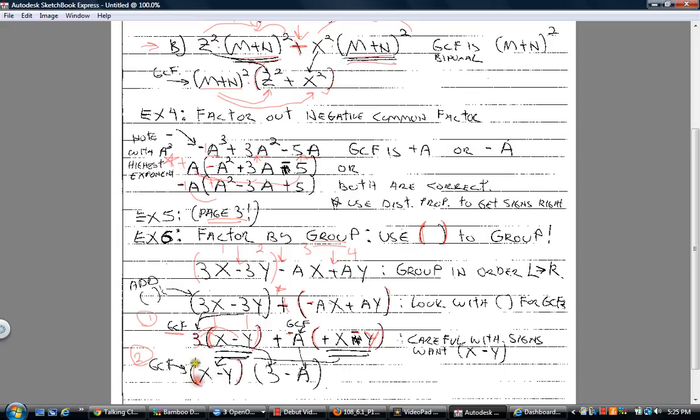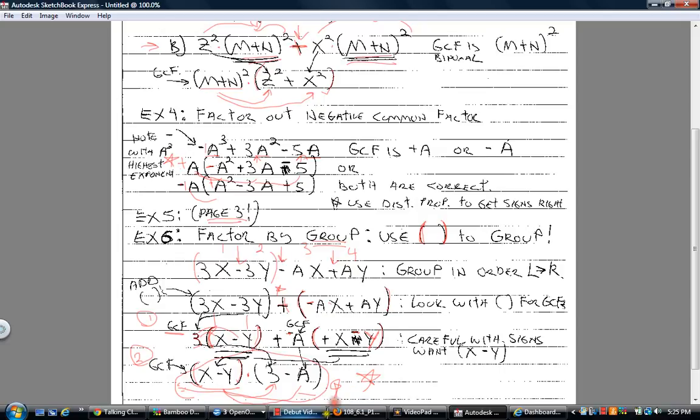That's your new second GCF, and you're left with what produces the polynomial up here. You multiply x minus y by 3, which produces 3 times the quantity x minus y, and then multiply by negative a, which produces negative a times x minus y. And thus here's your final answer: the binomial x minus y times the parentheses 3 minus a.